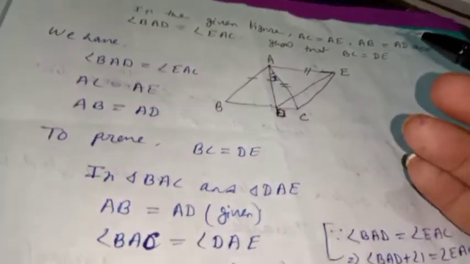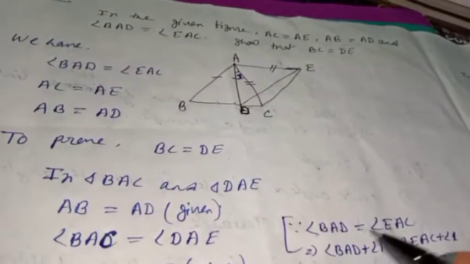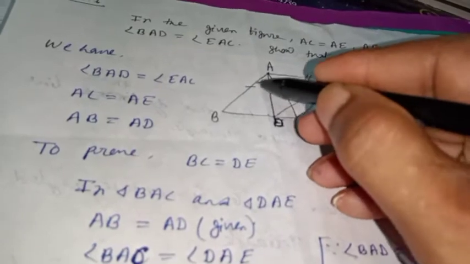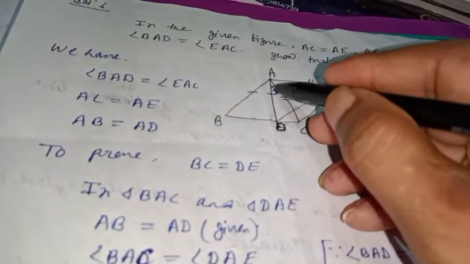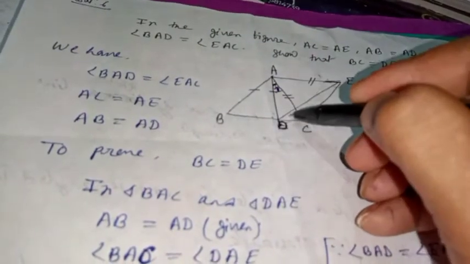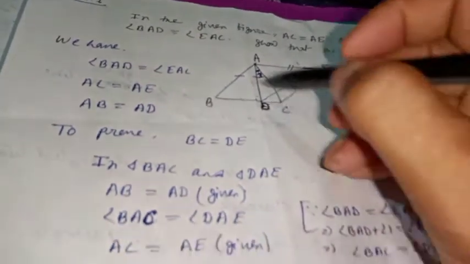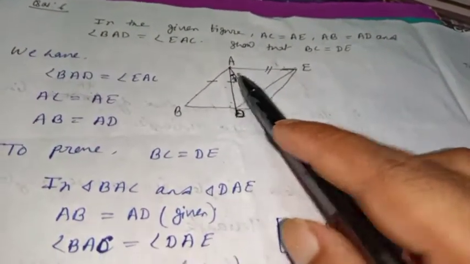So now what should we do for that? See, here we have angle BAD and angle EAC. If with angle BAD you include this part, then it will become BAC, and on this side it will become EAD. Then BAC and EAD are the corresponding angles of these triangles, and then we can do like that.